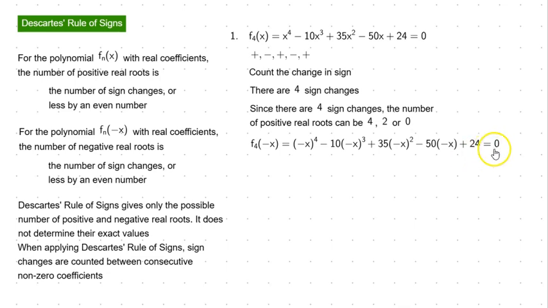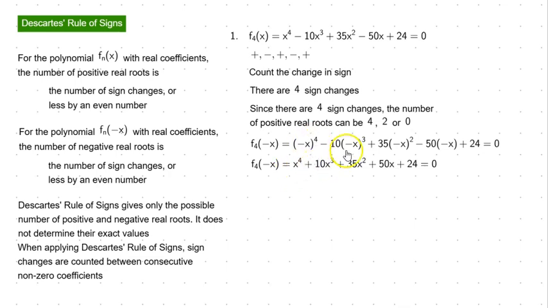Here actually equal to 0 is not required because there are no sign changes possible.